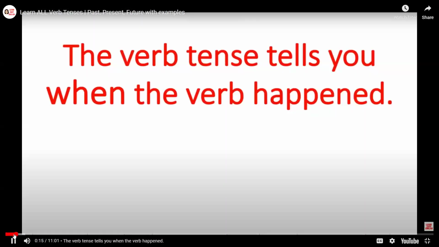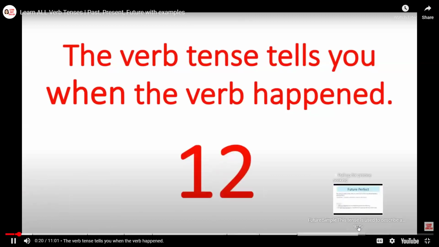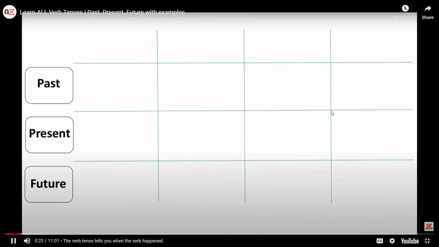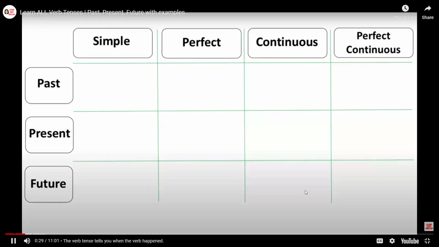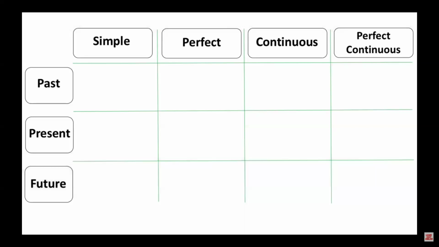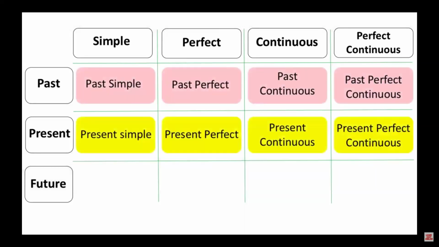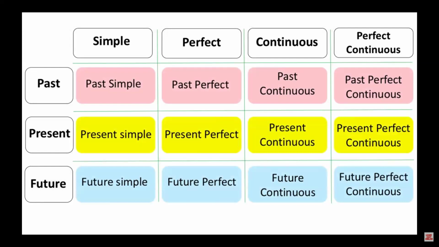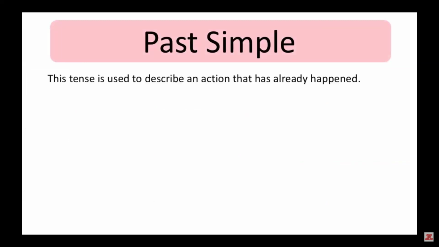The verb tense tells you when the verb happened. There are 12 verb tenses: past, present, and future, and these have categories which are simple, perfect, continuous, and perfect continuous. Here is an overview of all of the verb tenses. Past simple. This tense is used to describe an action that has already happened.